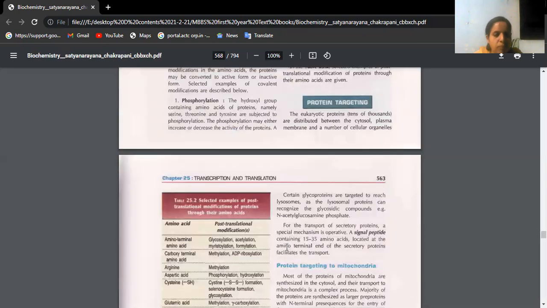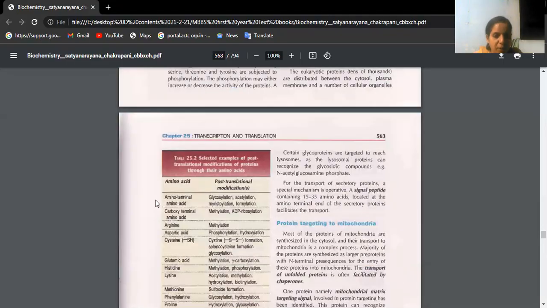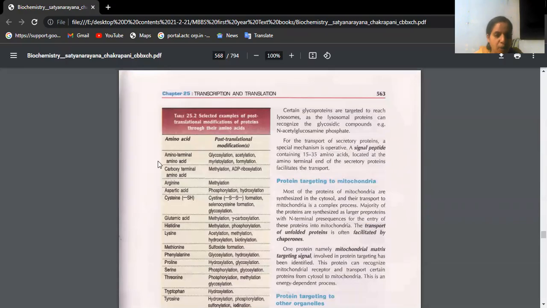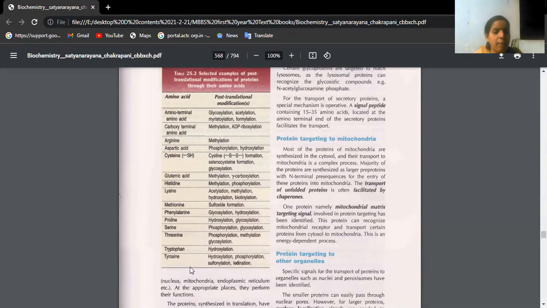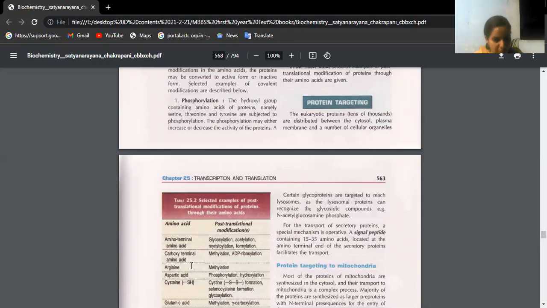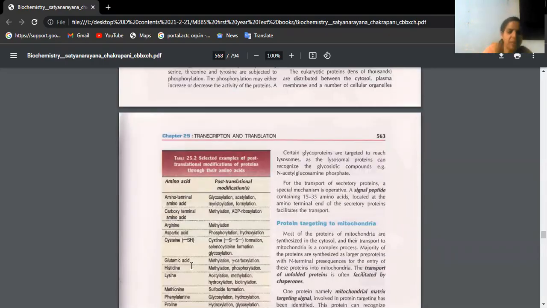He also gave post-translational modification through amino acids. The amino terminal amino acid modification would be glycosylation. Give this table, but remembering all 20 amino acids becomes difficult. Choose any 5 which are easy for you.